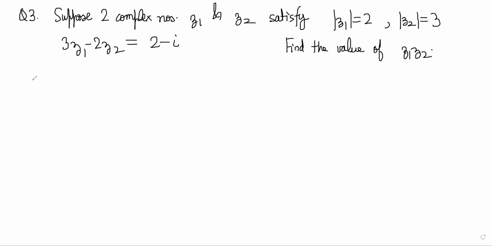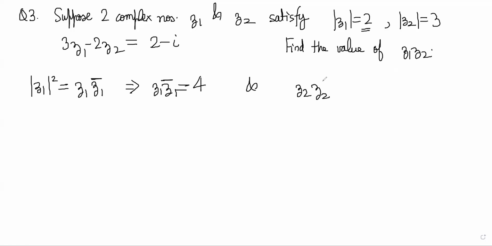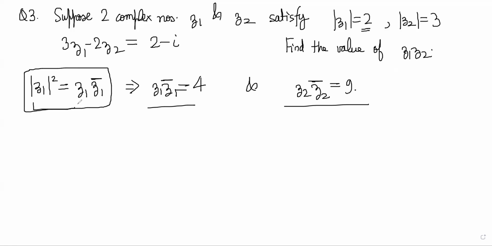Now, the property that we'll use here is mod of z1 whole square is equal to z1 into z1 conjugate. Therefore, we have z1 into z1 conjugate is equal to mod of z1 whole square, which is given as 2, so 2 square is 4. And similarly, you have z2 into z2 conjugate is equal to 9. This is the standard property that we are utilizing here.